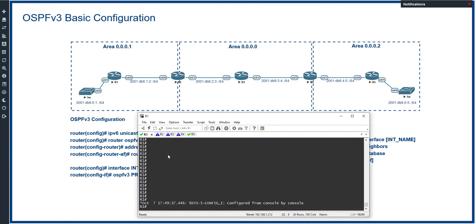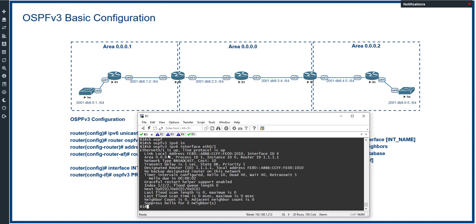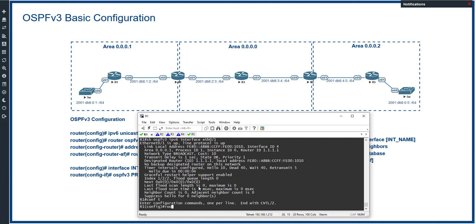Let me show you here: show OSPFv3, after that IPv6 interface ETH01. We can see that now we are sending hello packets every 10 seconds. After that, let me configure ETH01 as the passive interface.